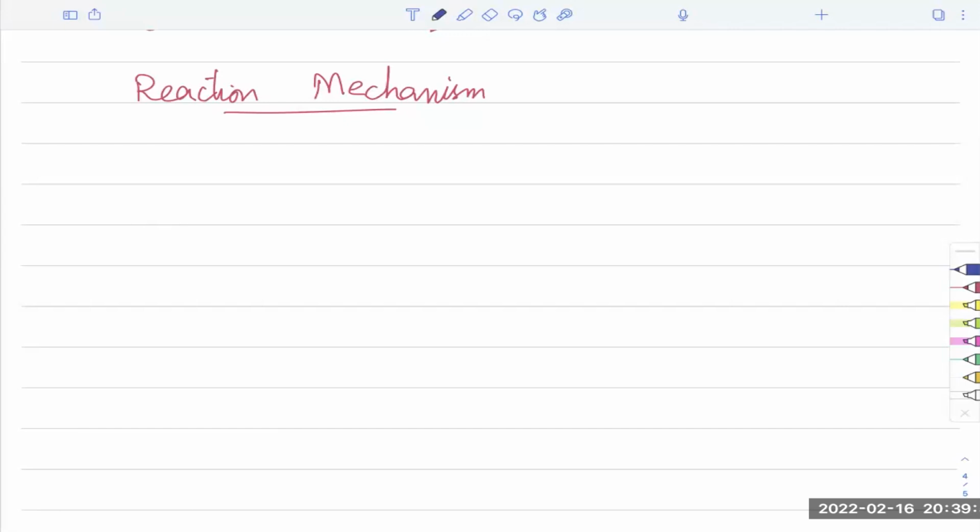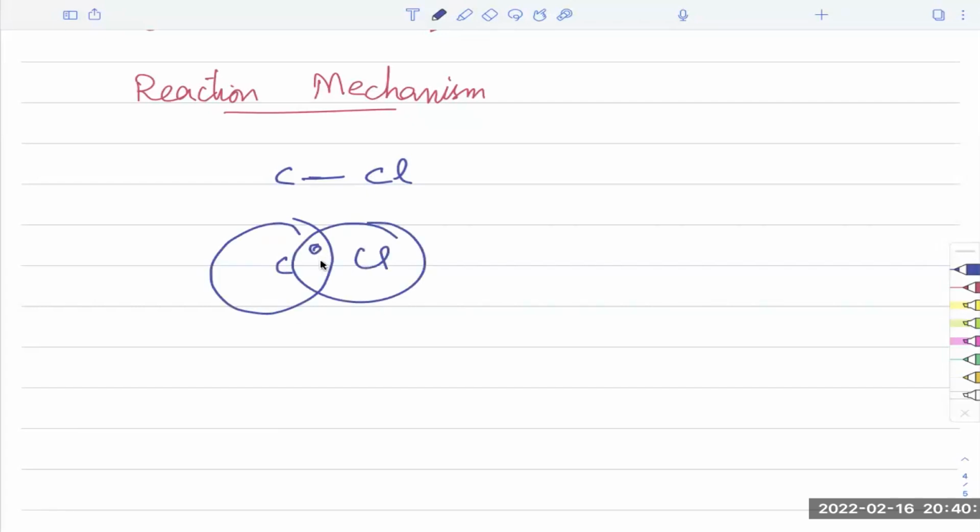All right, so the first idea is how do you break a bond? If you have a single bond, everything else that's attached, I don't care. Let's suppose I have this single bond here, maybe just between carbon and chlorine. Basically, carbon is sharing an electron with this chlorine. Of course, it's sharing the other 3 with something else, but I'm not drawing that.